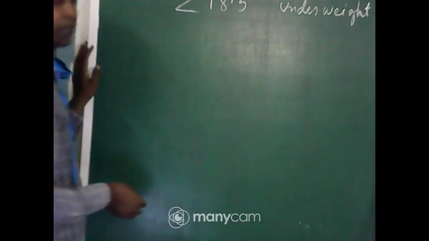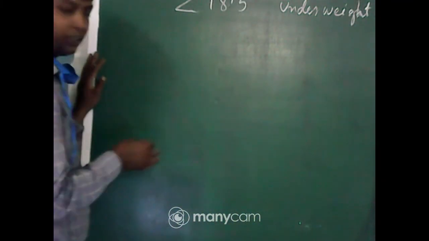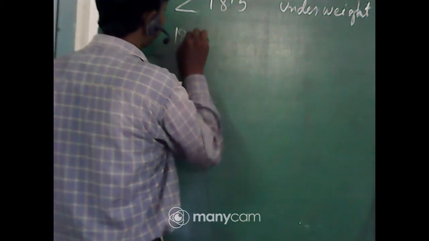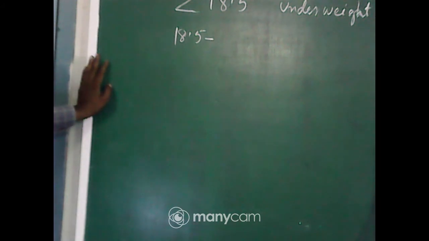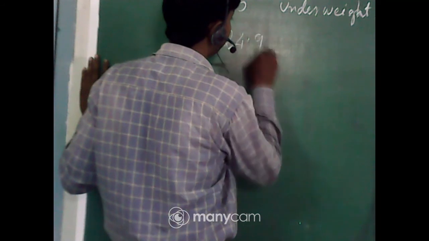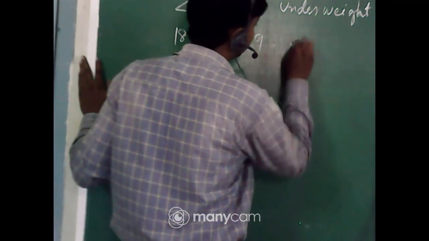Underweight, category number 1. Category number 2, 18.5 to 24.9, it's called normal weight.